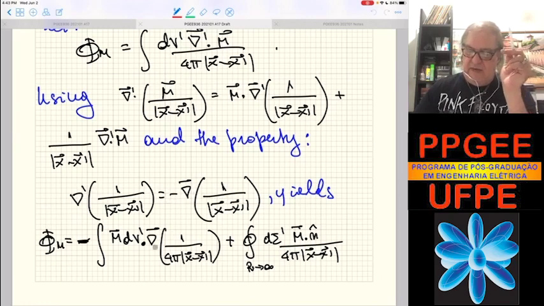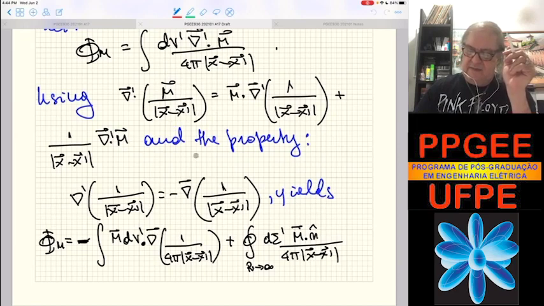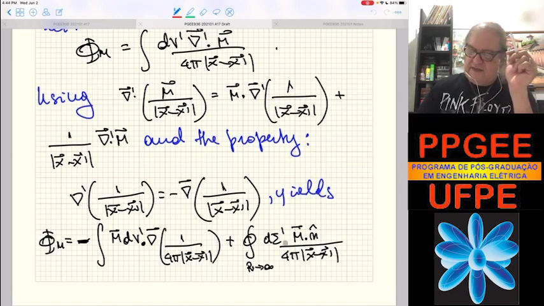Then if we do that, I ask you to do the demonstration. I'm just going quickly here. We are going to have two terms, right? Then we would have a surface term that arises.